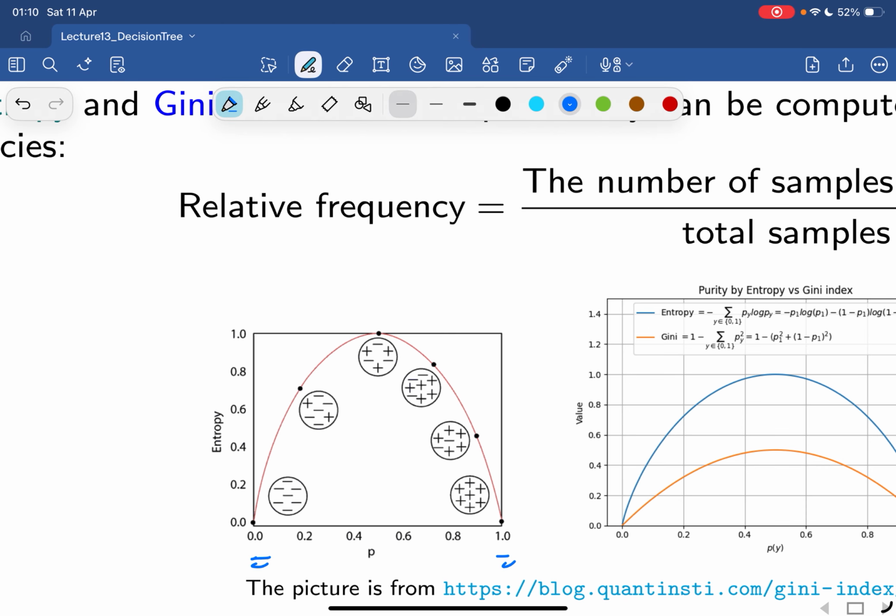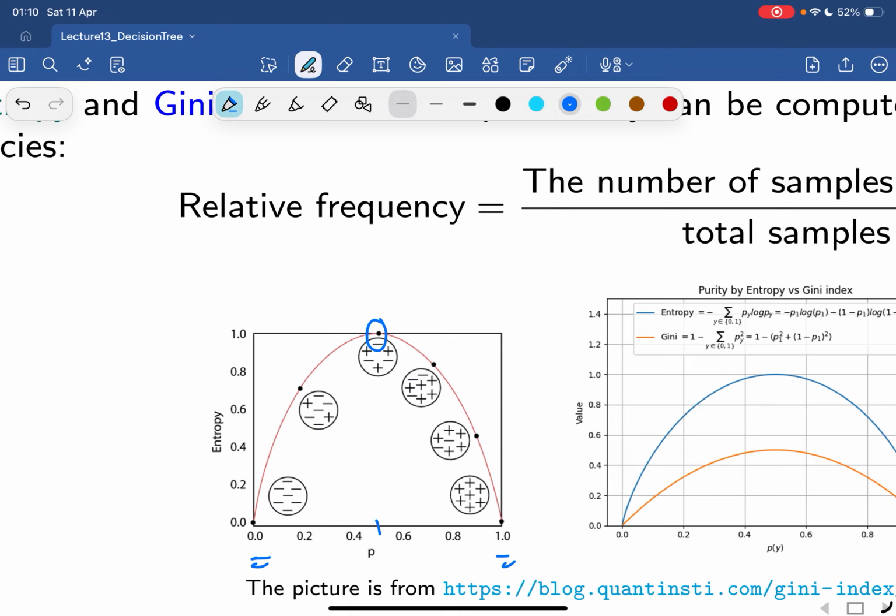It turns out that at about p equal to 0.5, it gives you the highest entropy. At p equal to 0.5, it's just half. The points in that particular region can be either class A or B equivalently. So this means there is a high mix of data between two classes. Therefore, it has low purity.